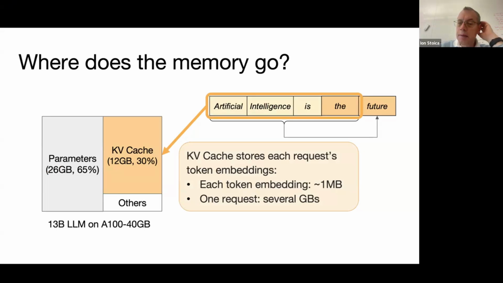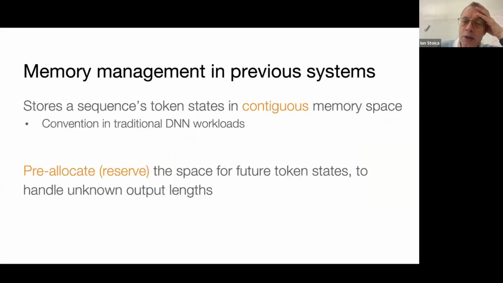At the time I developed vLLM, memory management in GPUs was pretty basic. You basically store the sequence of tokens contiguously in memory space. This was the convention in traditional deep neural networks.